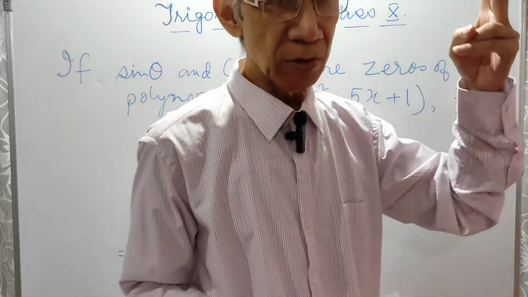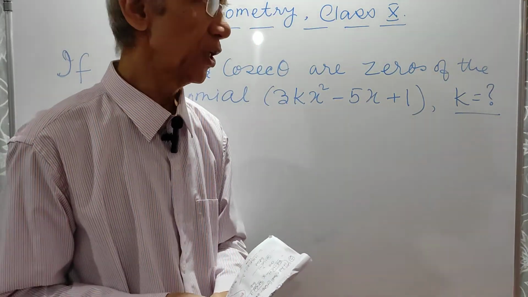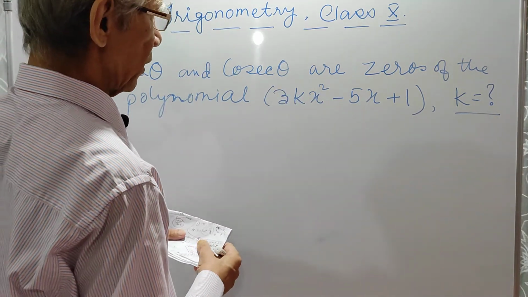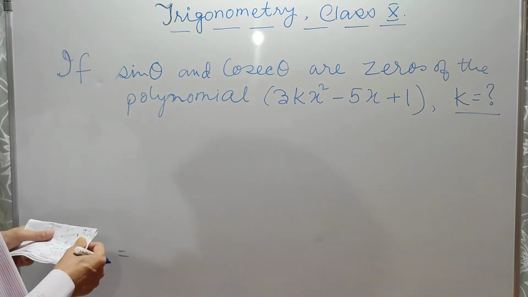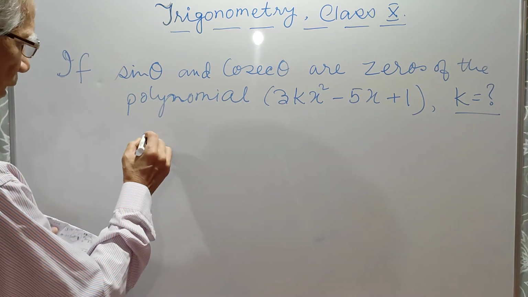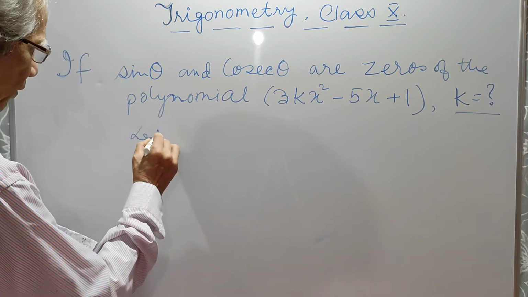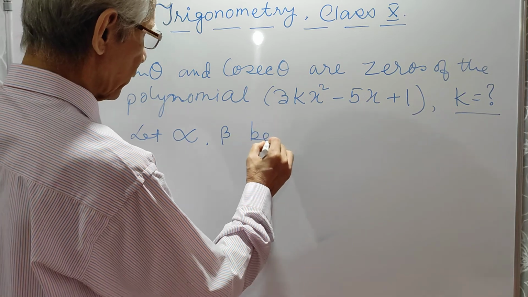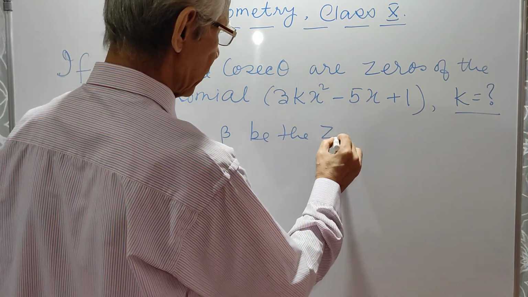On this I also made 2 videos in the beginning, so try to see them. Now, suppose alpha and beta are the zeros.